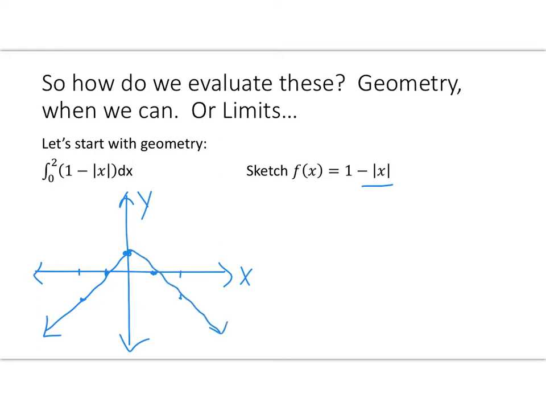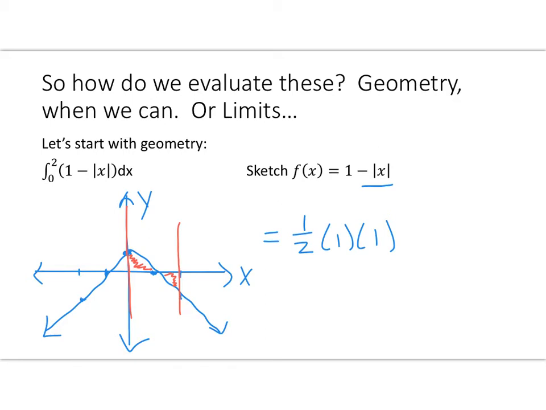And we are looking specifically for the area from 0 to 2, the area under the curve. So that's this piece, and that's this piece. Well, I can see that these areas are triangles, so my upper triangle, my area is 1/2, my base, which is 1, times my height, which is 1.